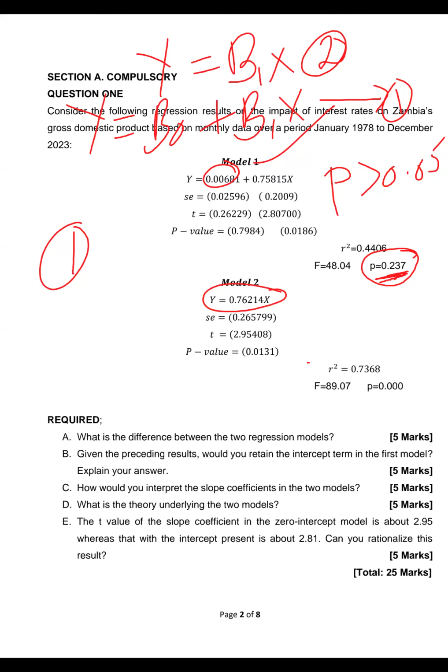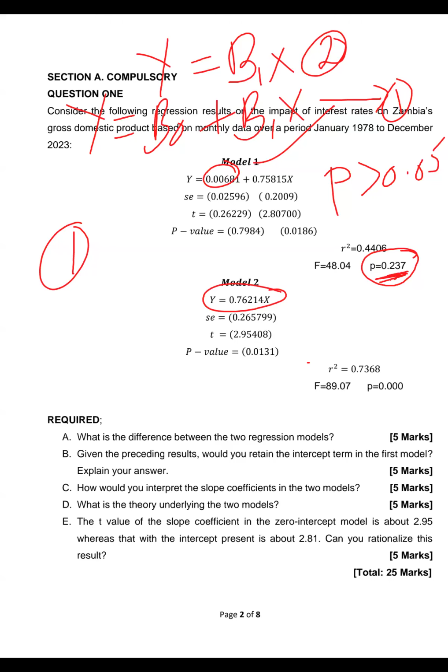So model 1 is not correctly specified, and it is not statistically significant as a model. It's not a good model.